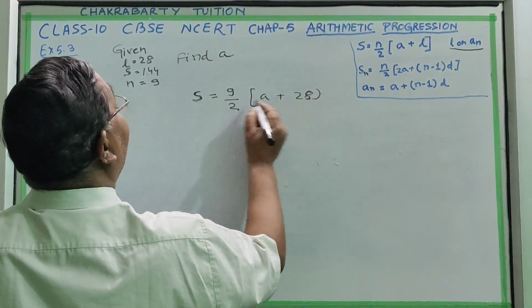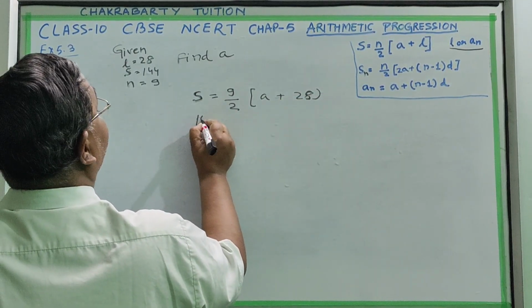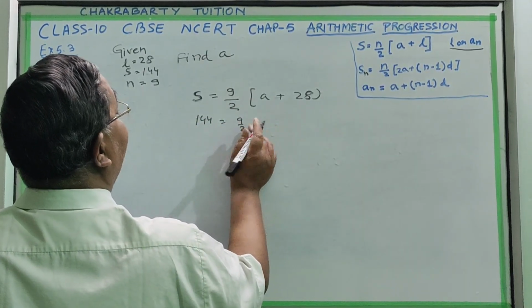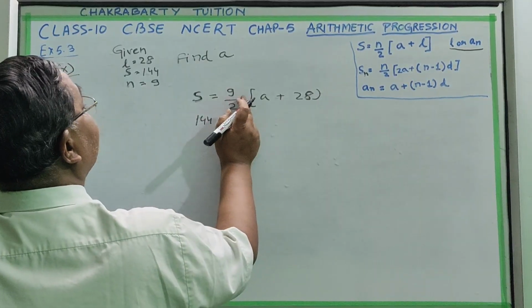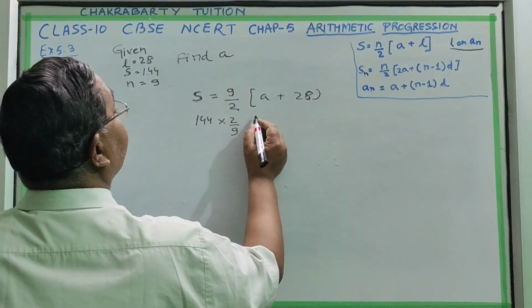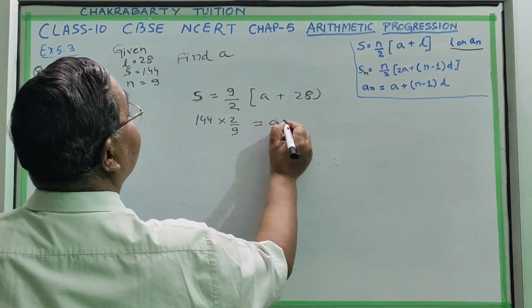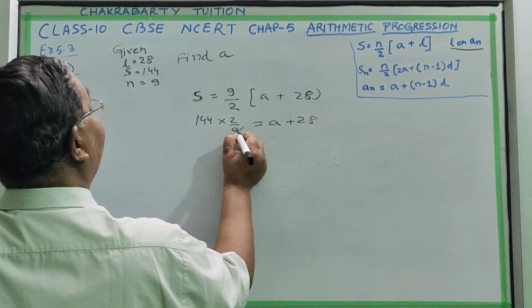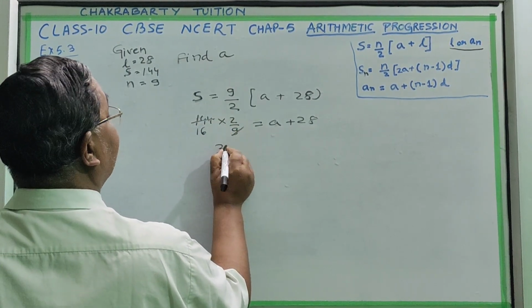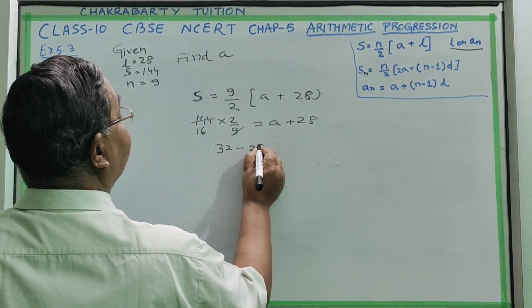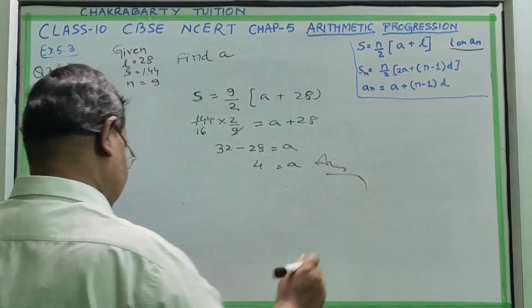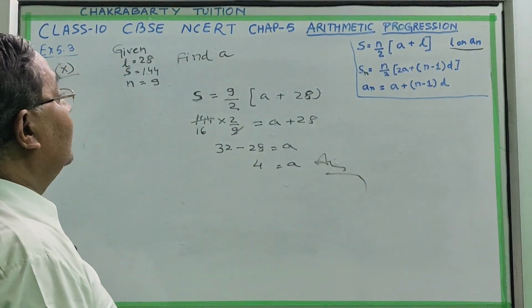S is 144, equal to 9 by 2 times a plus 28. Take 9 by 2 to the other side; it is multiplication, so it changes to 2 by 9. Then equal to a plus 28. We cut by 9: 9 sixteens are 144, so 16 into 2 is 32. This 28 comes to this side, so 4 is equal to a. This will be your answer.